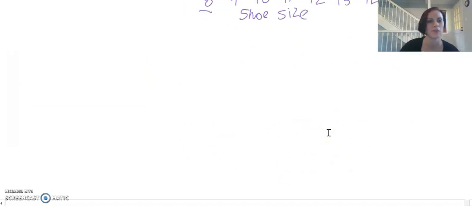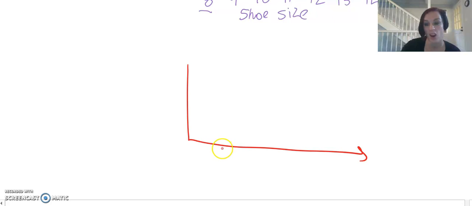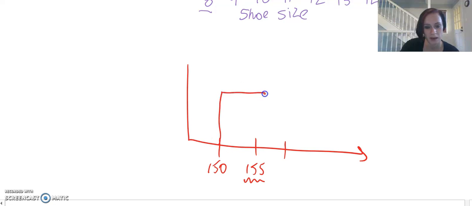If, for example, you are going to have to draw a histogram where you're talking about height and our categories are going to be, say, 150 to 155, instead of actually drawing the bar on top of a point on your scale, if you had a section of 150 to 155, you would actually draw the bar in between.